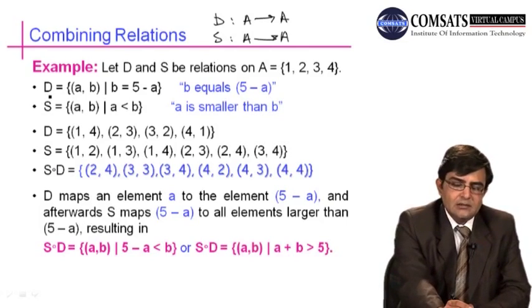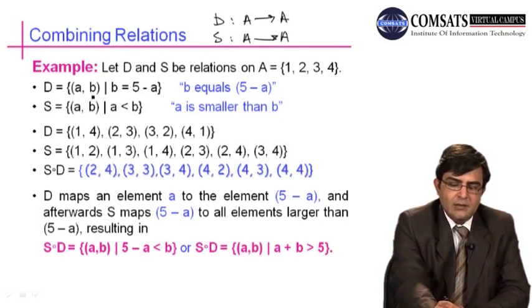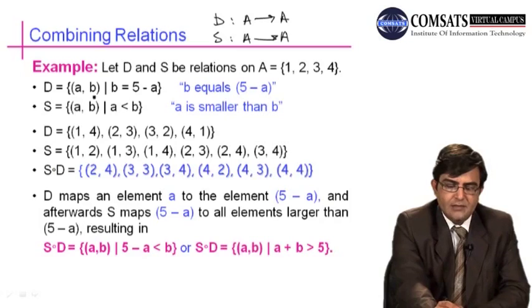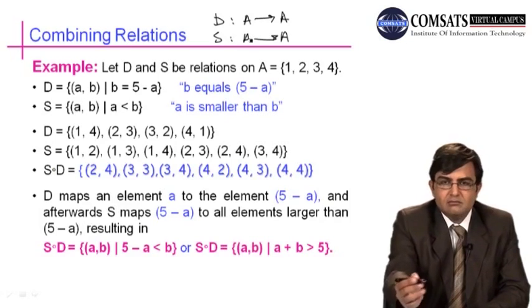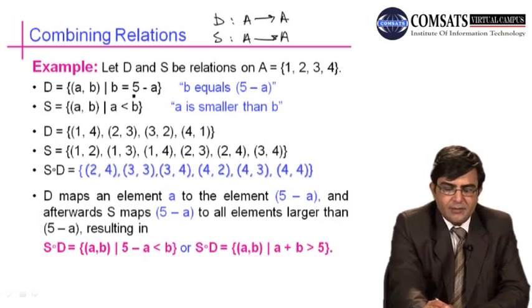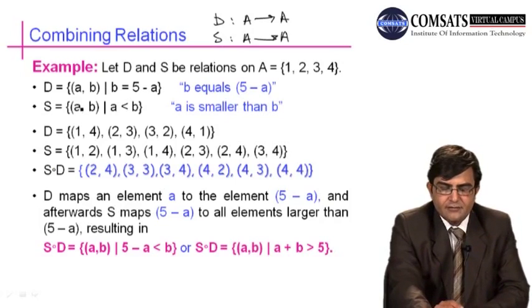The relation D contains ordered pairs (a, b), where a, b belong to A, where b must be 5 minus a. That means if we choose a to be any element of A, then b must be 5 minus a.